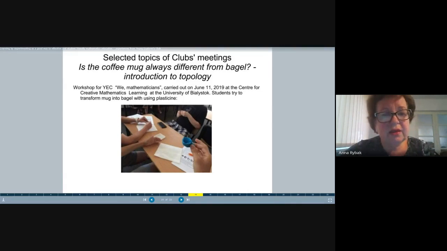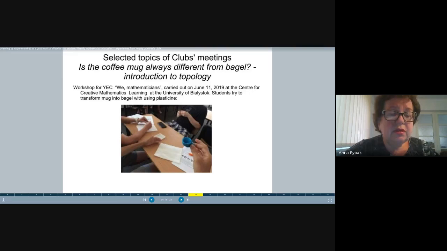I started with an introduction to topology, and here we can see concrete activities with plasticine. At the end of this meeting, students said, oh, this mathematics is strange, but a very interesting thing.